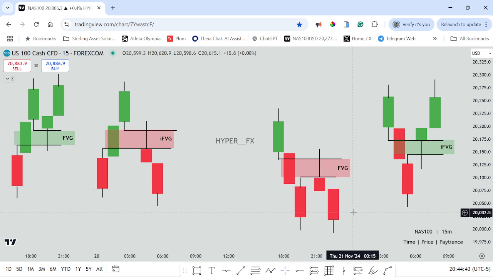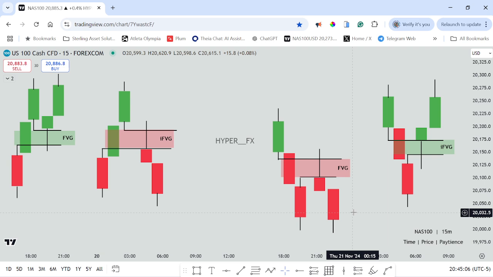Okay, so that is what a fair value gap actually is. It is all over your chart. You can see it from your 1 minute time frame to your 1 month time frame, since price is fractal. So you can see it in every chart that you're looking at.